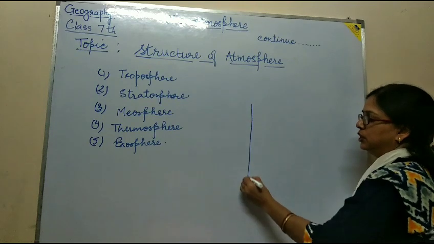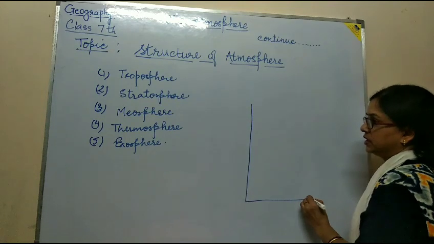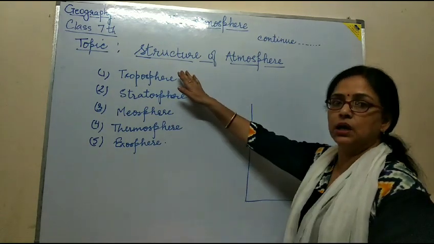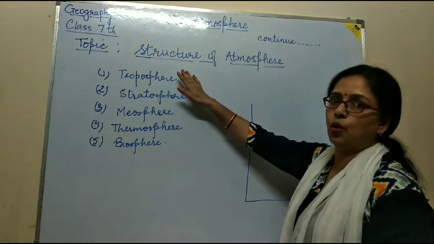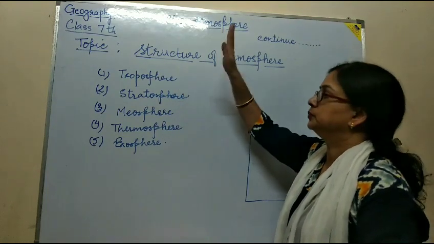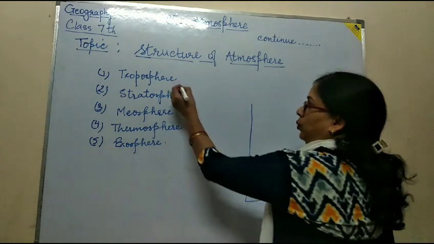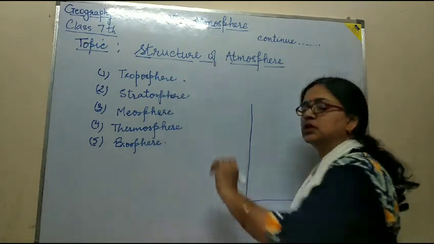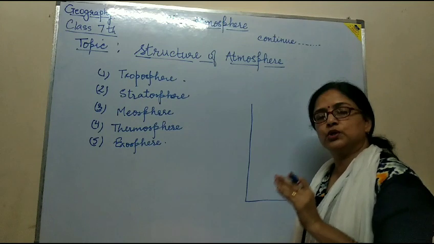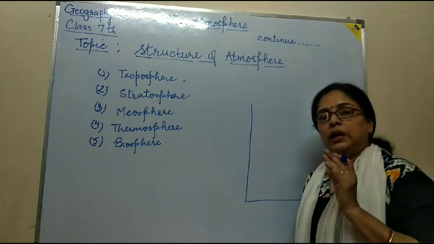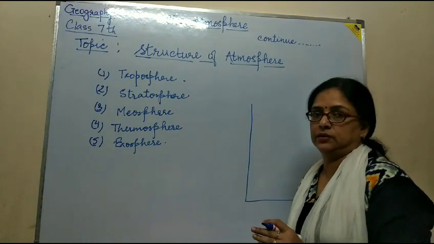The first one is the troposphere, which is the lowermost layer of the atmosphere. Troposphere literally means the region of mixing.